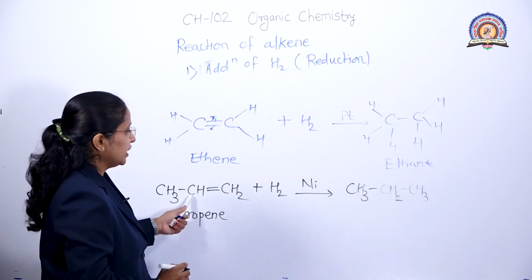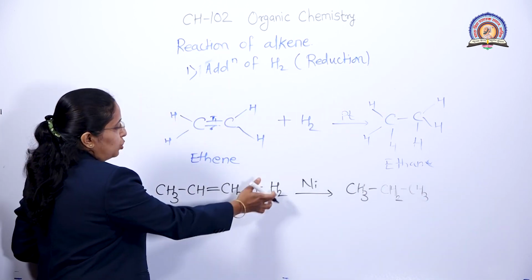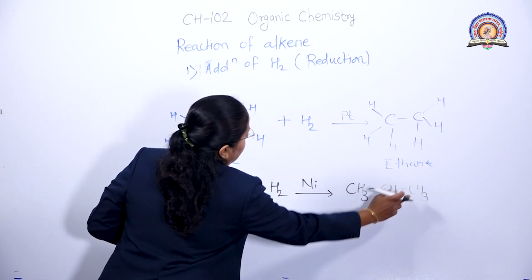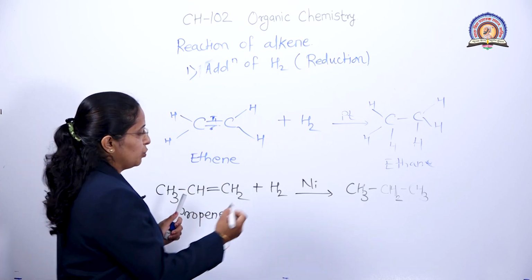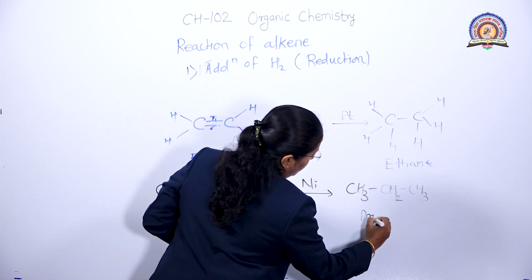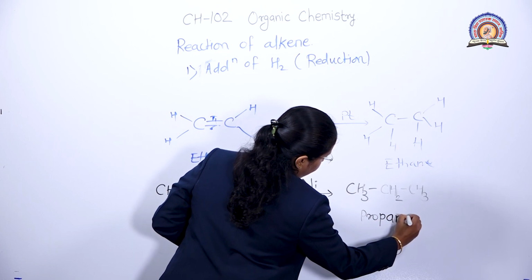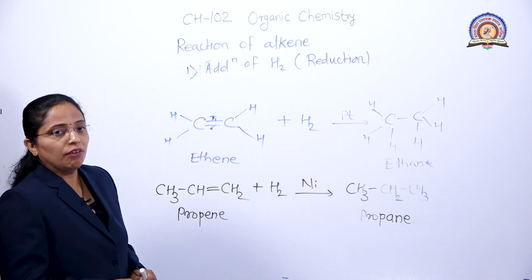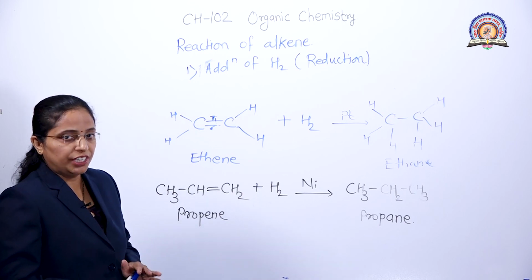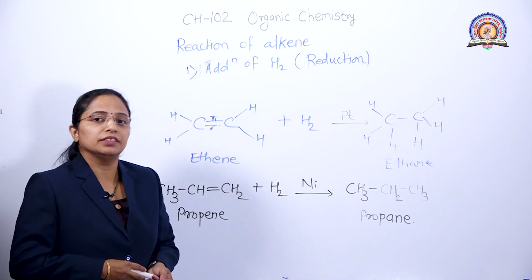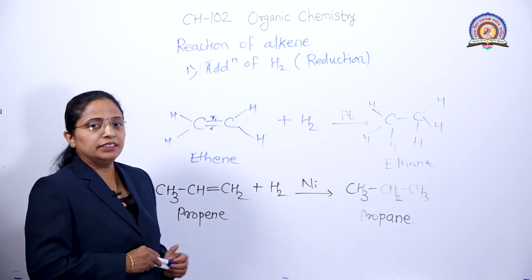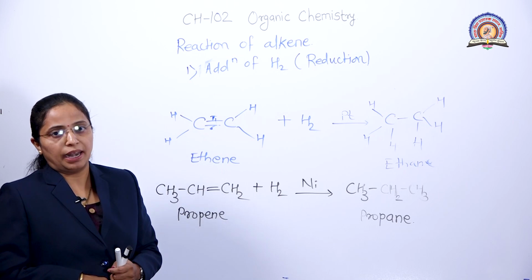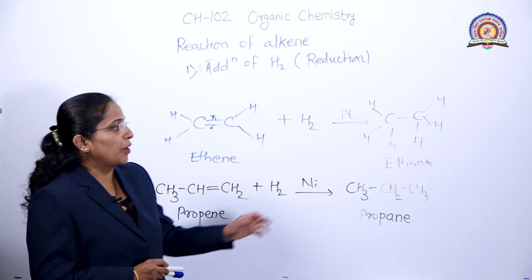So 2 hydrogens get added. This is the reactive site. So here there is a formation of CH2 and at the last a CH3. What we get here is propane. So this is about the addition of H2. It is also called the reduction reaction. Addition of hydrogen is nothing but the reduction reaction, and it happens in presence of the catalyst platinum, palladium and nickel, and we get the product alkane.